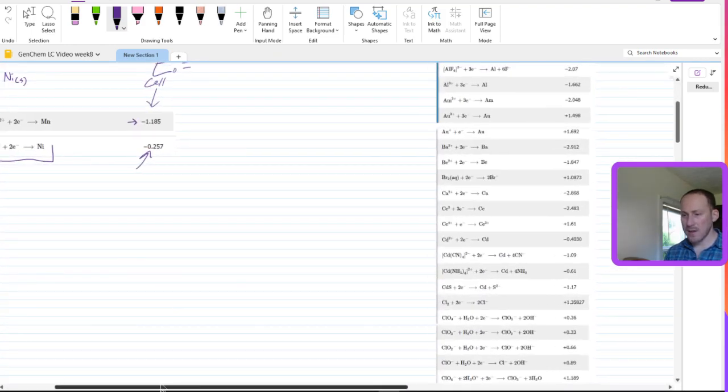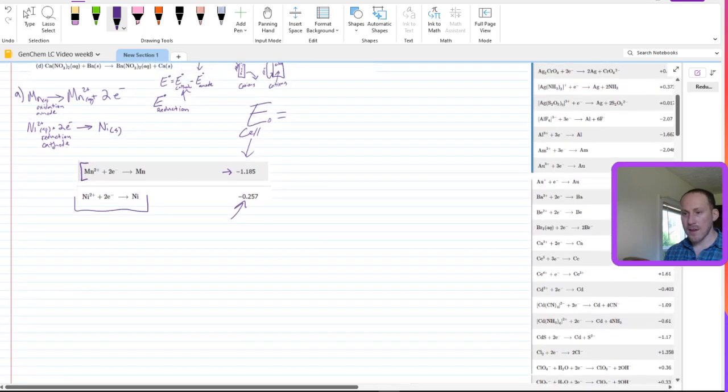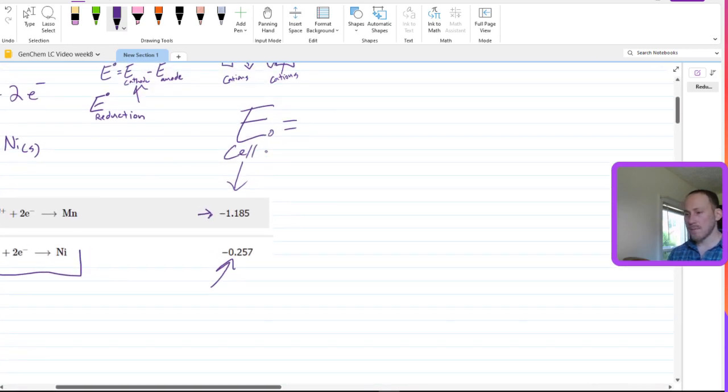We identified that the nickel is the cathode and the manganese is the anode. So the reduction potential of the cathode, oops, a 0 in there, kind of important. And these are all in volts. Once again, that's our unit we're talking about.